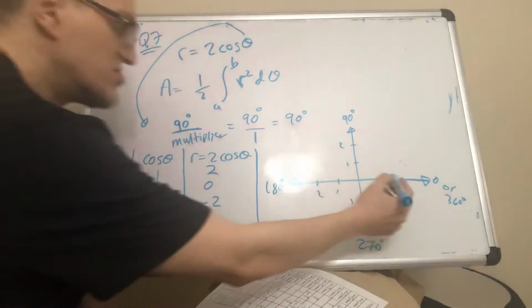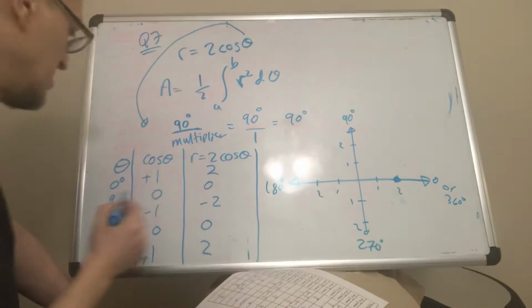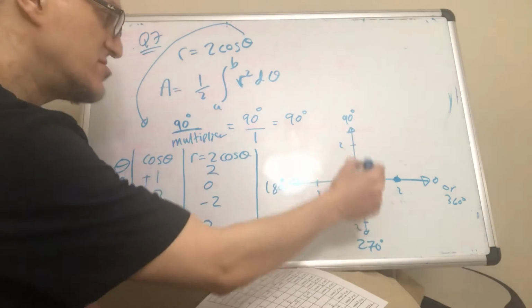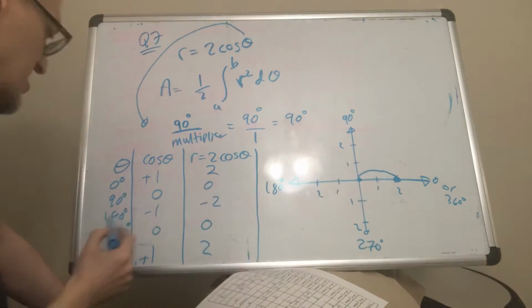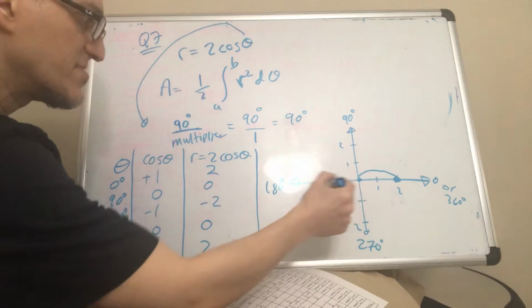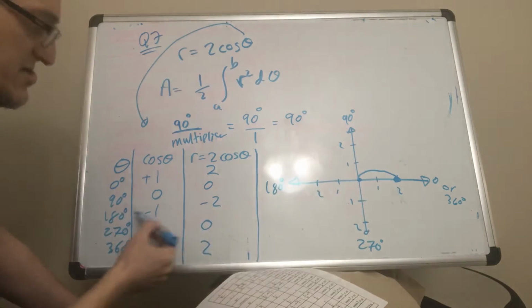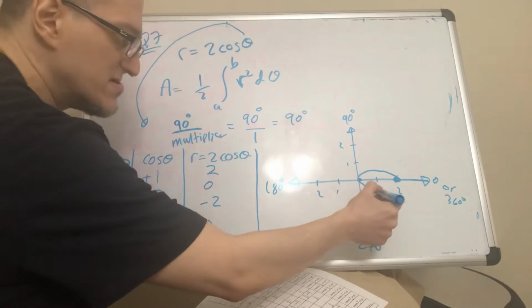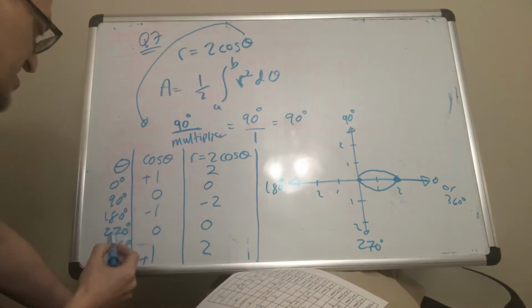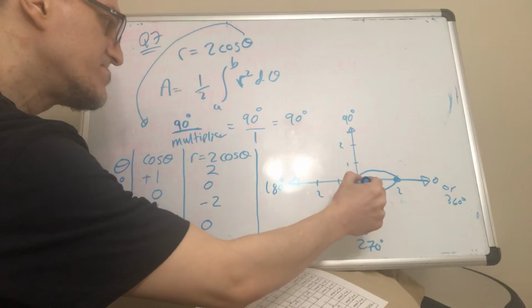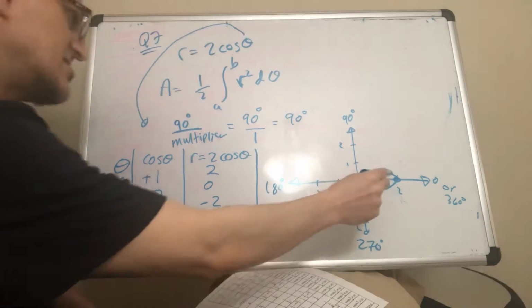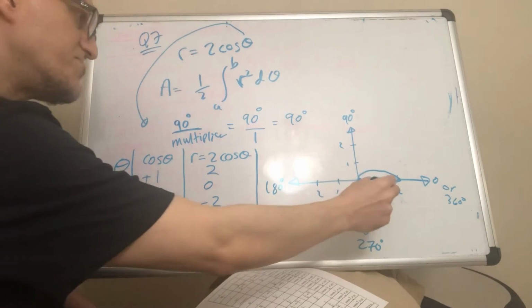At angle 0, you're 2. At angle 90, you're 0. At 180, you're minus 2, so you go back to this. At 270, you're 0. At 360, you're 2.